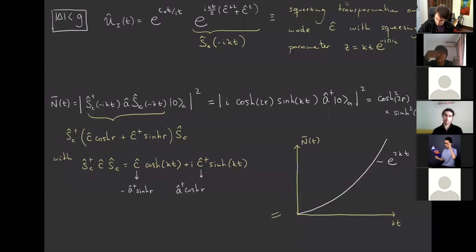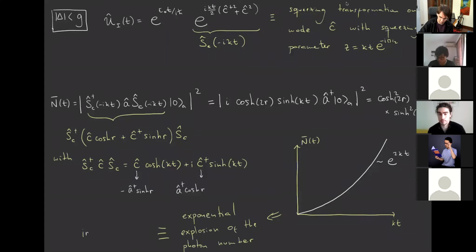So in other words, we have an exponential explosion of the photon number, which gives the name, or makes intuitive the name, instability for the Hamiltonian in this region.